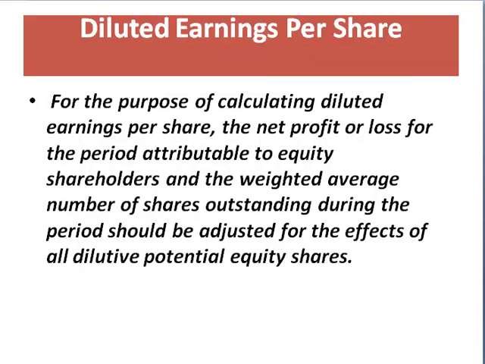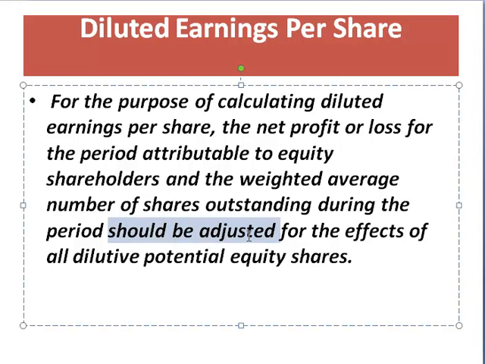The next one is the diluted earning per share. The concept of diluted earning per share is to divide the net profit or loss for the period attributable to the equity shareholders by the weighted average number of shares. But the most important thing, it should be adjusted for the effects of all the dilutive potential equity shares.